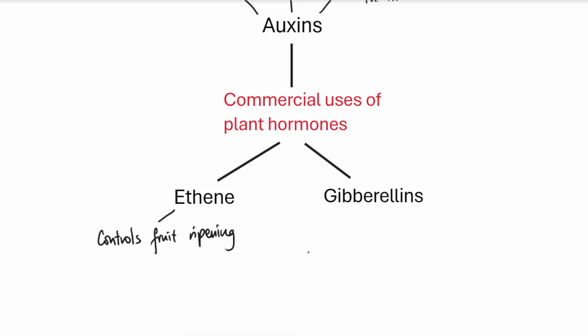So basically, when you have already harvested fruit like apples and bananas, and the supermarkets are storing them, the fruits will be giving out ethene that encourages them to ripen. You really don't want that to happen, because you want to make sure you have enough stock to sell them for profit.